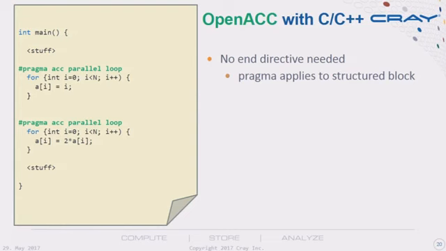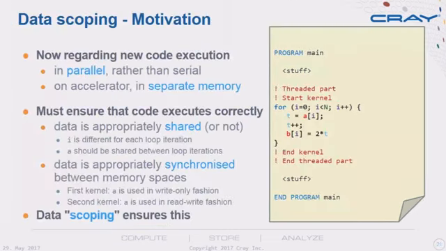But another important thing is about data scoping. When we have our code with parts which are serialized on the CPU and parallelized on the GPU, and we need to transfer data, we have to take care of how the data is transferred. And then on the parallel side, so on the GPU side, we also need to take care of how the data is shared or private within the threads.